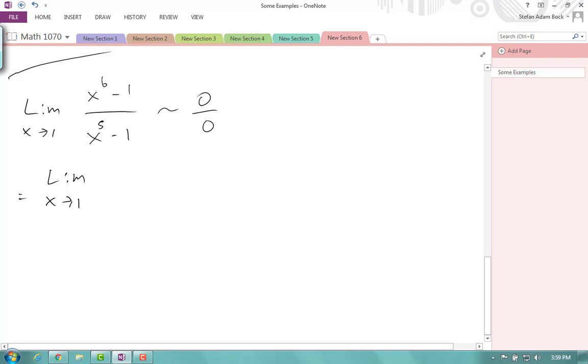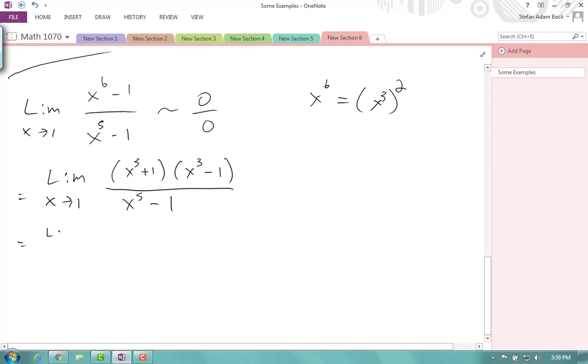For the top half, I'll say that x to the 6th is equal to x cubed squared. So this top half will be x cubed plus 1 times x cubed minus 1. I'll leave the bottom alone for now, because it's scary. We have factoring rules for the sums and for the differences of cubes.